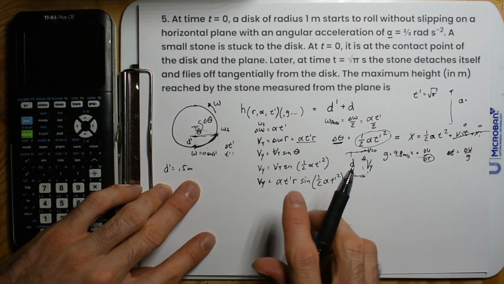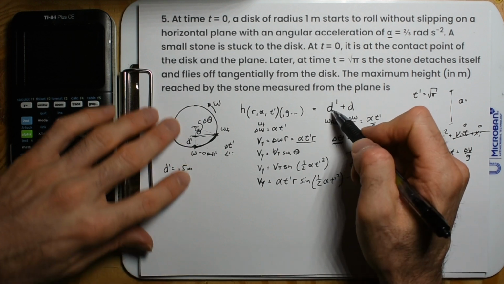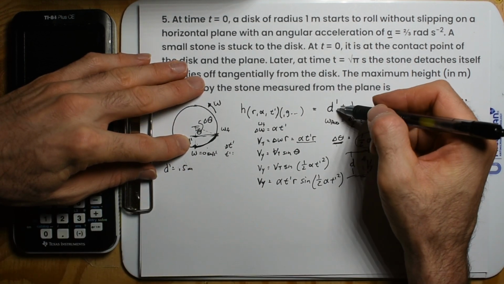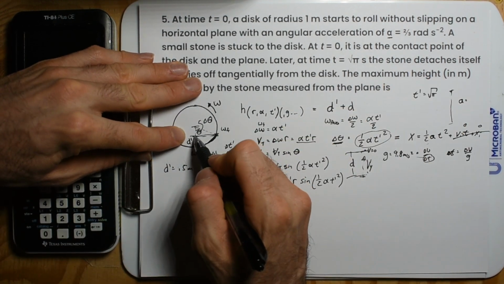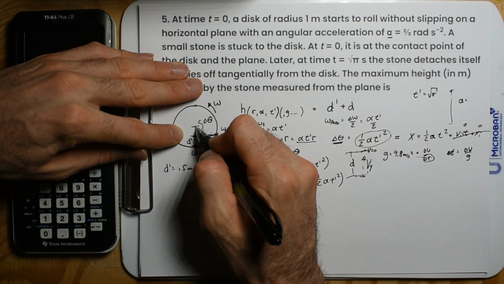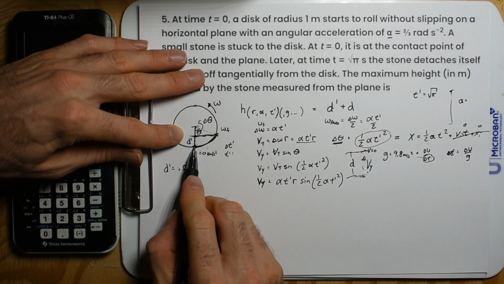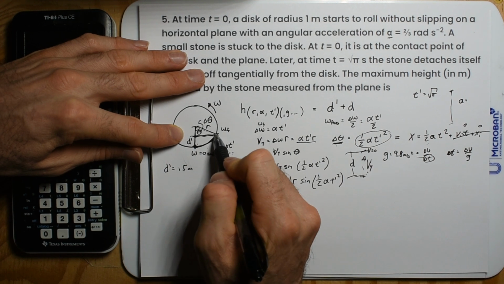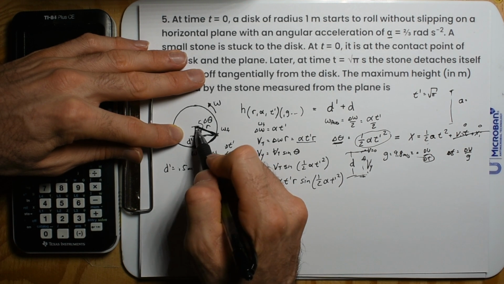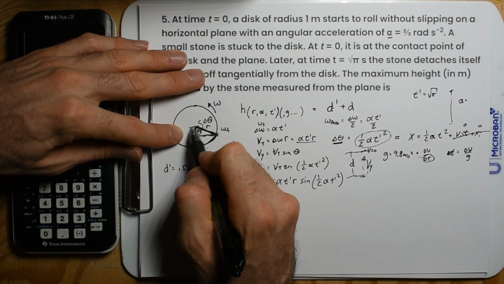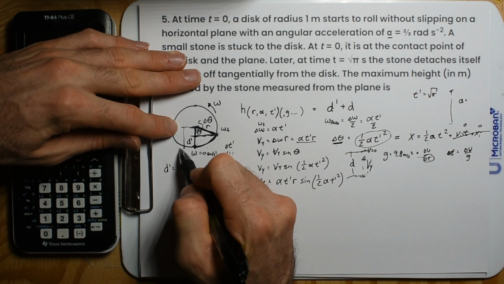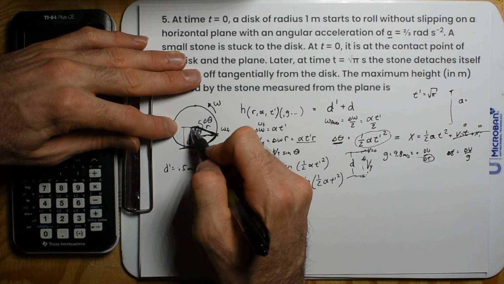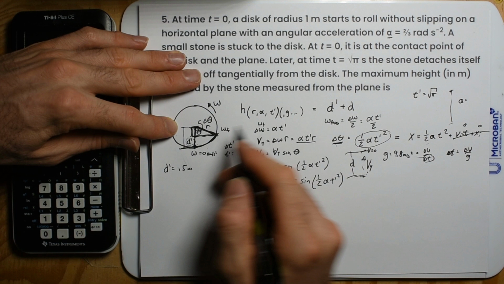But here's an equation. Our equation for D prime is also that the radius minus r, so this is our hypotenuse, times cosine of the angle. So we take this full length minus r cosine theta to get D prime.